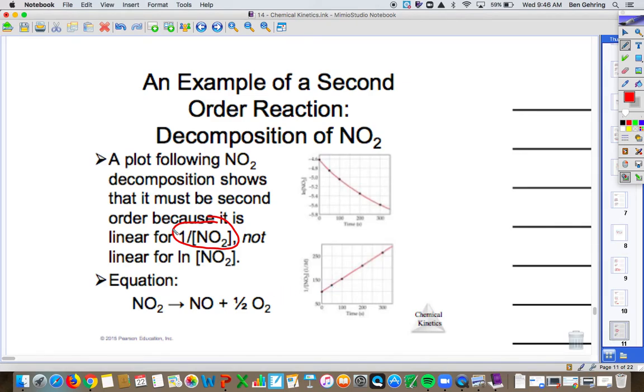The 2 comes from the O2 plus 2NO coming from 2NO2. So this is squared because of this 2 out front here. That's my reactant squared. But that is your second order reaction. And the important piece is you know that this creates a linear graph. 1 over the concentration is linear.